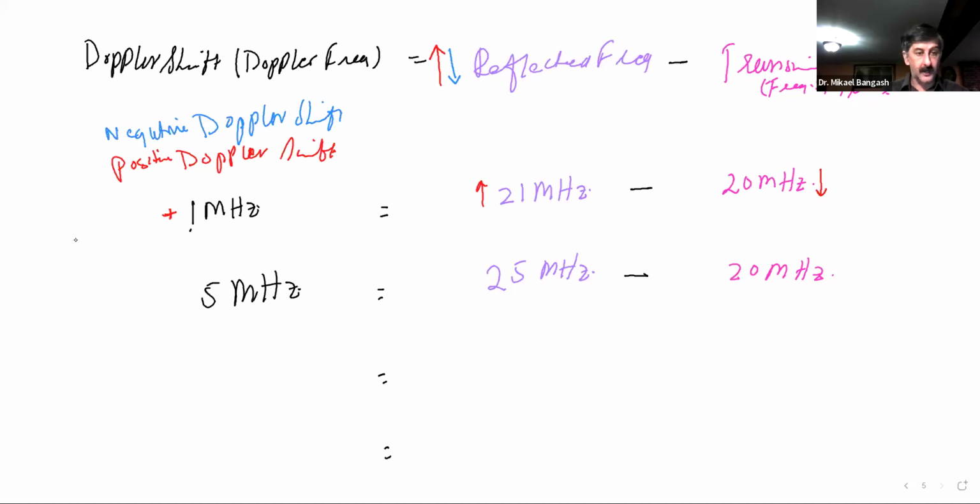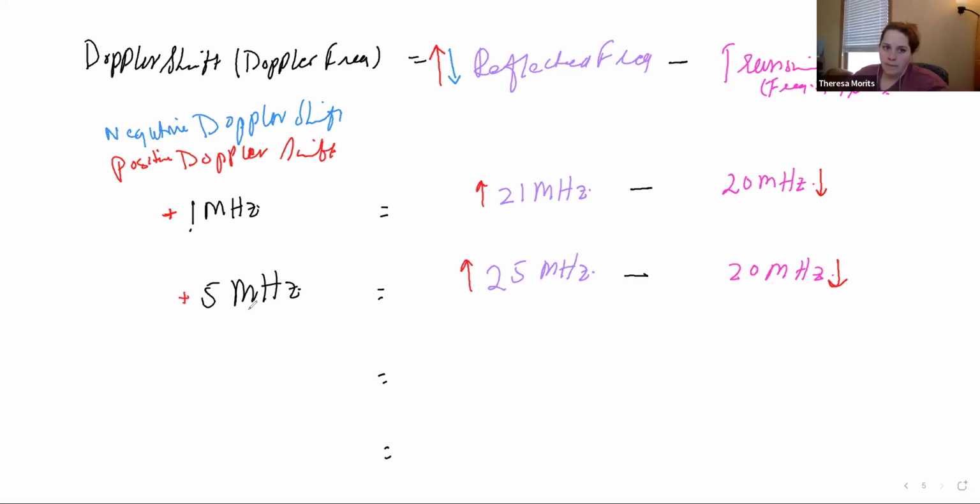We can see that the reflected frequency is greater than the transmitted frequency. Clear? That's what makes this still a positive Doppler shift, or a positive Doppler frequency of plus 5 megahertz. Did you guys get that?